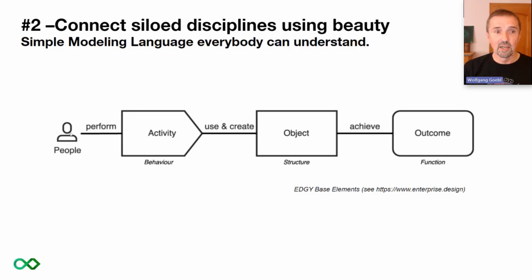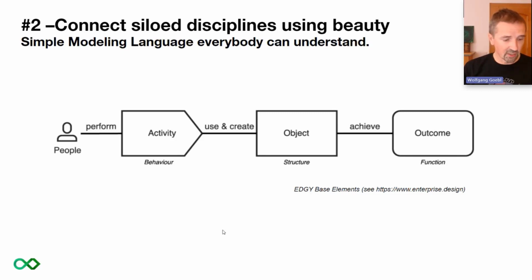So finally, we say, okay, people, and that can be employees in the company, people can be customers. They also achieve outcomes. They want to get something done in their life. They want to use our product, drive from A to B and so on. So this model is universal for everything that goes on in and around the enterprise. And you can model enterprises with only those 4 elements, and you can't argue about them.